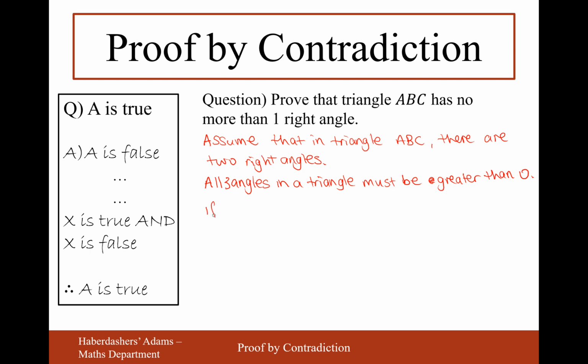Because if two angles were right angles, and there is 180 degrees in a triangle, so if there are two right angles and there are 180 degrees in a triangle, the third angle must be 0.